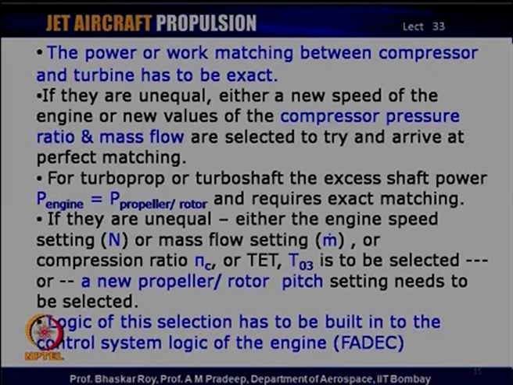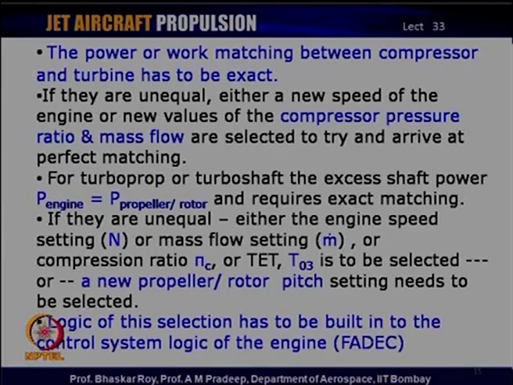So, when one is doing the matching exercise at the time of design of the engine, either you choose a new rotating speed of the engine, or you opt for a new compressor pressure ratio and mass flow, which means you need to redefine your cycle definition and cycle analysis, so that you arrive at a perfect matching between the compressor and turbine.